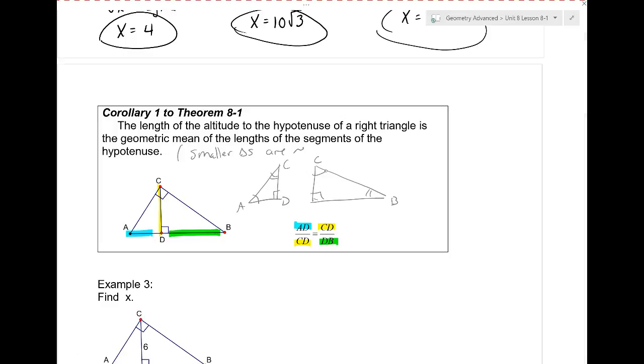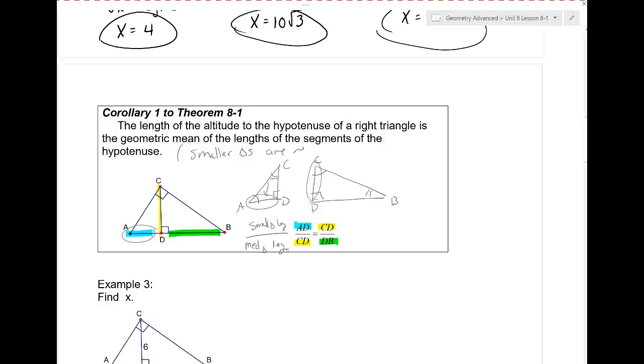And here's what I'm doing. I'm using matchy-matchy right now. I'm looking at the small triangle's leg, this one right here. So small triangle leg is to the leg of what triangle? The medium triangle's leg. Right there, right? Small triangle leg to medium triangle leg.